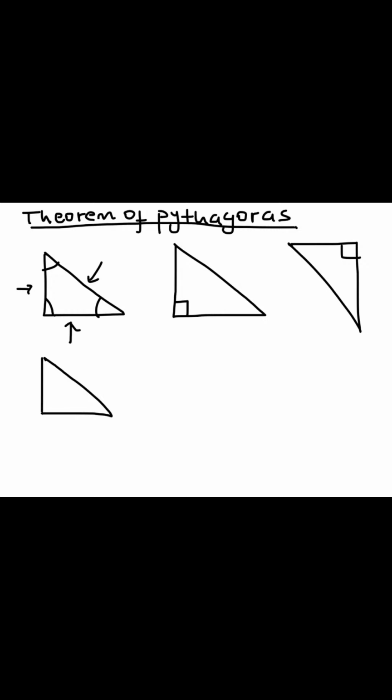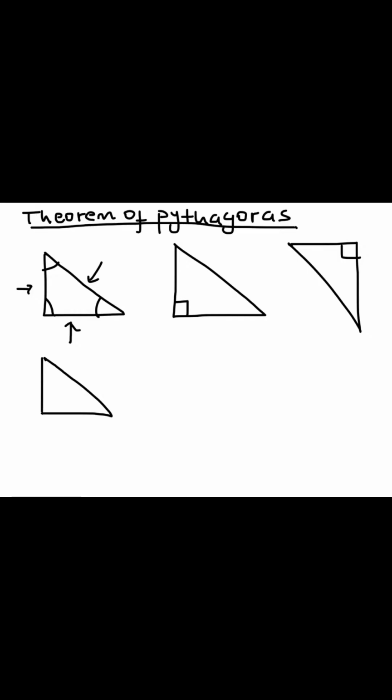Then if you have something which looks like this, ask yourself a question to say, is this a right-angled triangle? The answer should be yes or no. Maybe take a guess. Is this a right-angled triangle based on what I've explained up to this point? Nope. Definitely not a right-angled triangle.